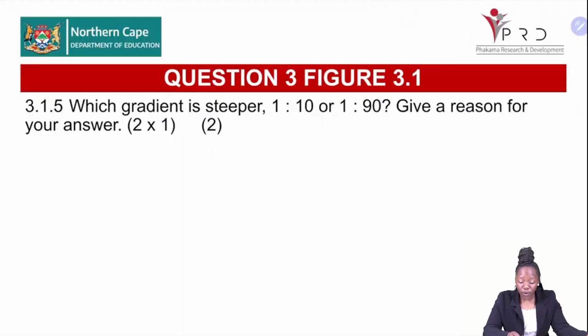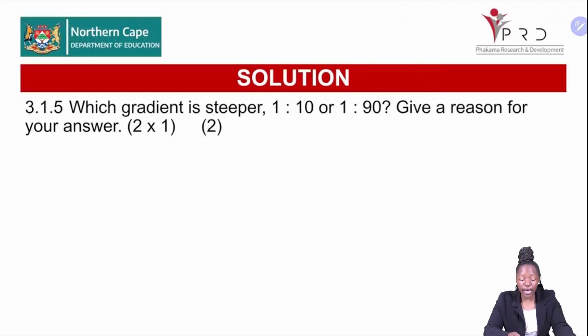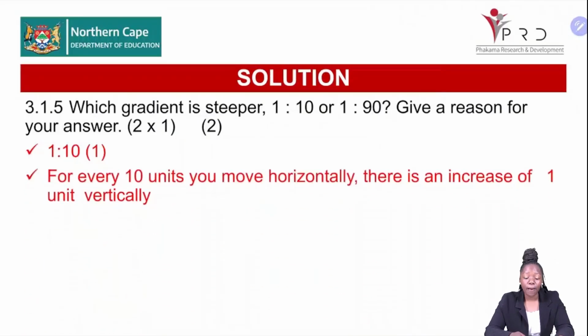Then we're looking at our solution, as we were supposed to come up with which gradient is steeper between your 1:10 and your 1:90. Your 1:10 is the one that is steeper. Why is it steeper? Because for every 10 units you move horizontally, there is an increase of 1 unit vertically.